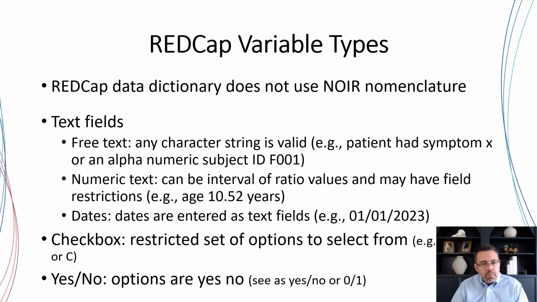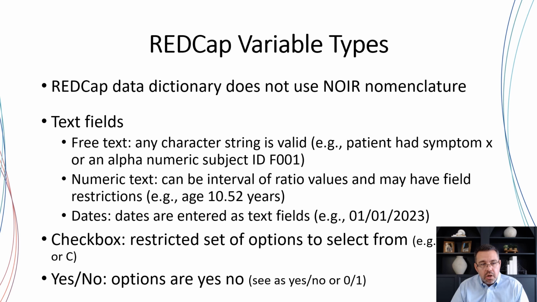Probably most commonly, many of these are going to be numeric text fields, which again, in my mind, is a bit of a strange naming convention. I like to use the word text to refer to character strings and numeric to refer to numbers. But unfortunately in REDCap, that is not the case. So text fields can be numeric, and they can be numeric text. And this can really be of any type. It can be interval or ratio values, and it may have field restrictions as I showed you before.